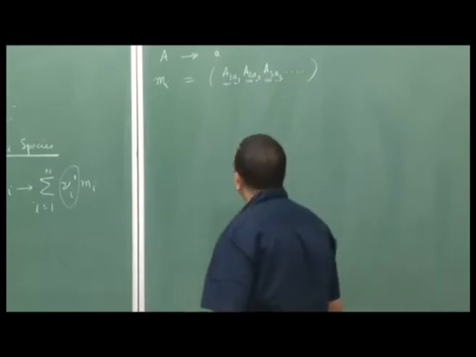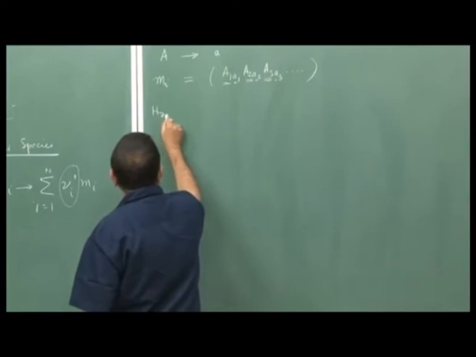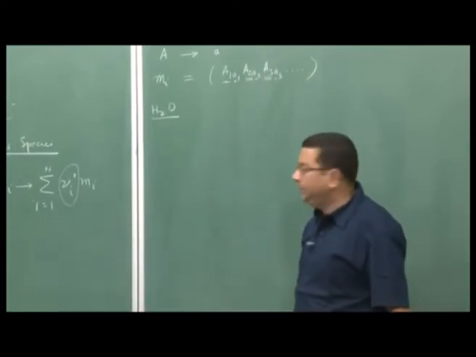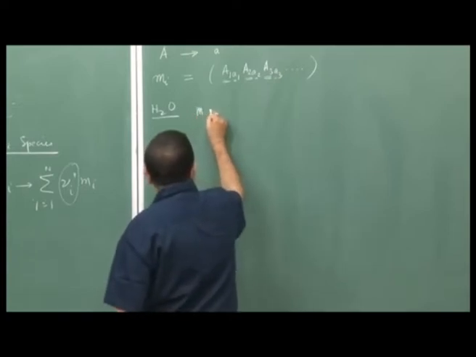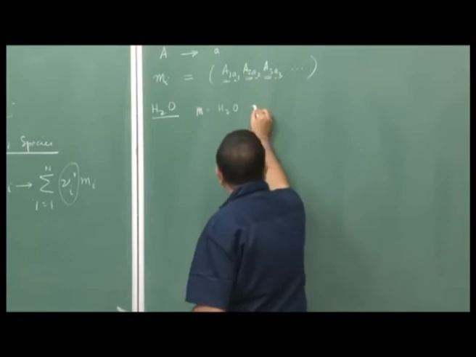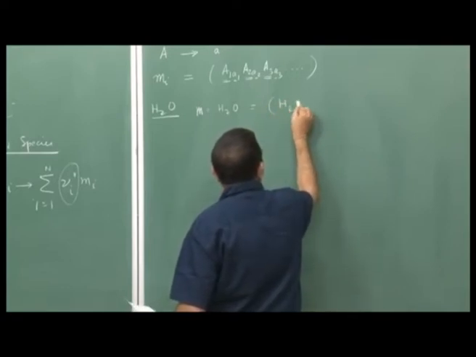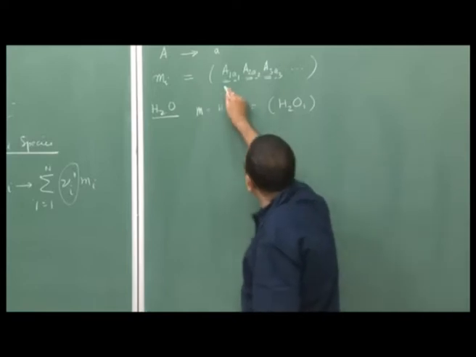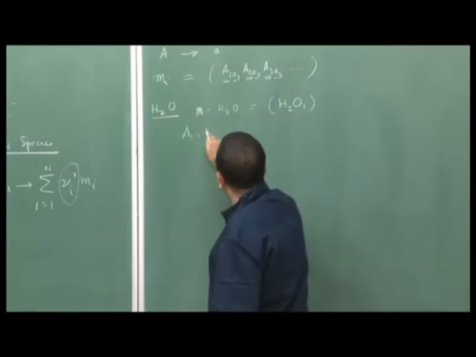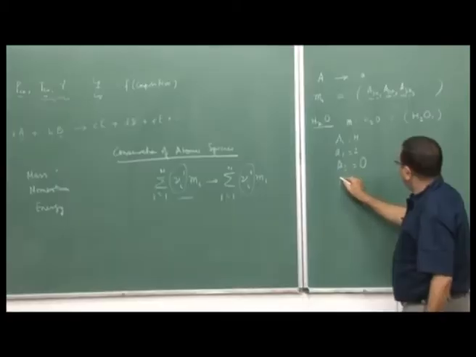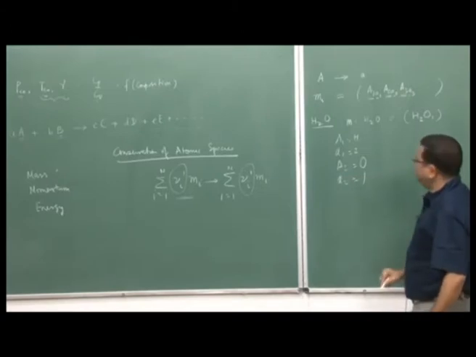Let us look at an example. If I consider my molecule to be water vapor H2O, then M here is H2O. Okay. It can be written as H2O1. So, here my A1 is H, small a1 is 2, A2 is O, small a2 is 1.